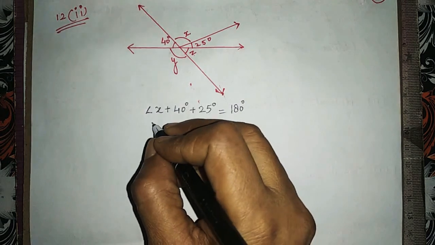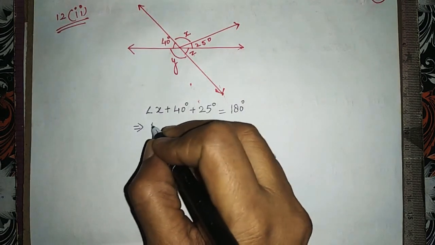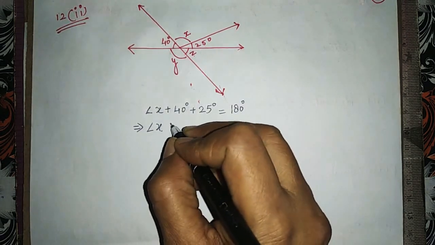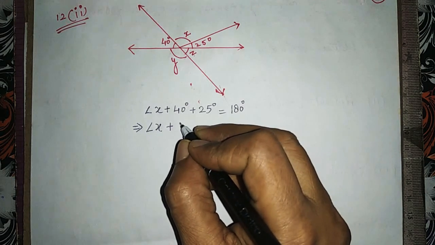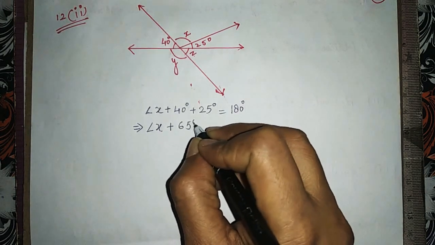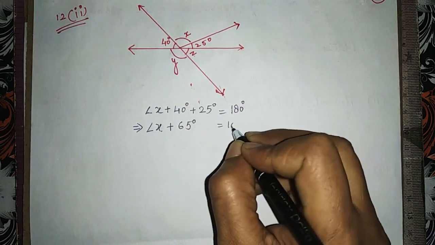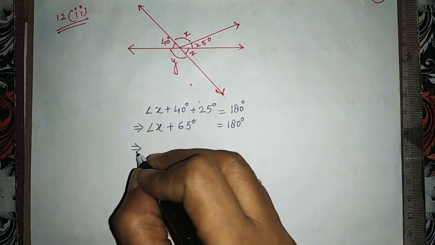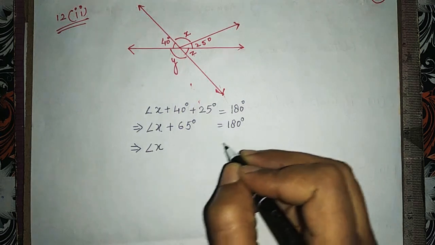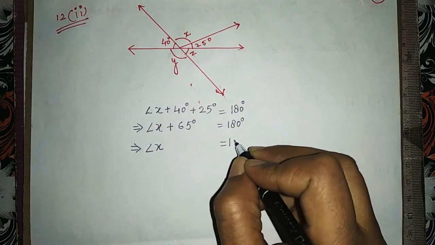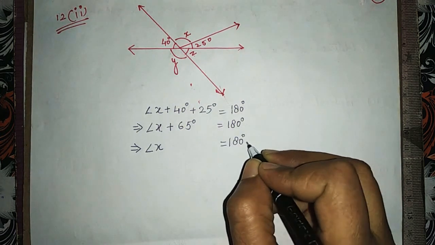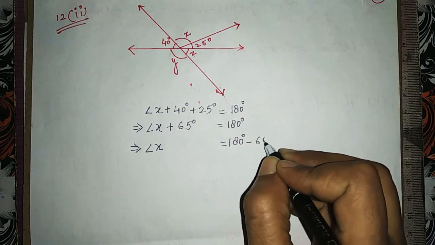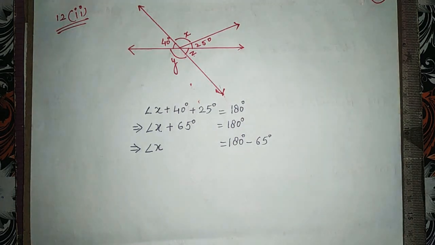So here you will solve it. Angle X plus here 65 degree will come and 180 degree. Now X is equal to 180 degree minus 65 degree.